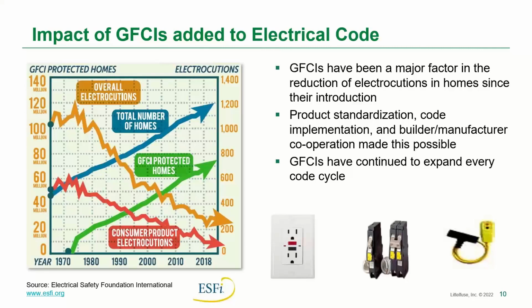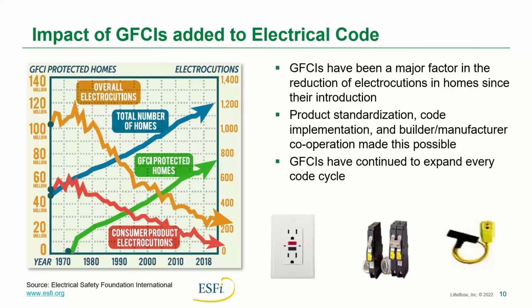Since the introduction of those GFCIs in the residential setting, there's been over an 80% drop in residential electrocutions and over a 95% drop in consumer products electrocutions. The graph is pretty obvious to show that, as time has gone, the number of overall electrocutions has fallen steadily and dramatically, despite the number of homes increasing.